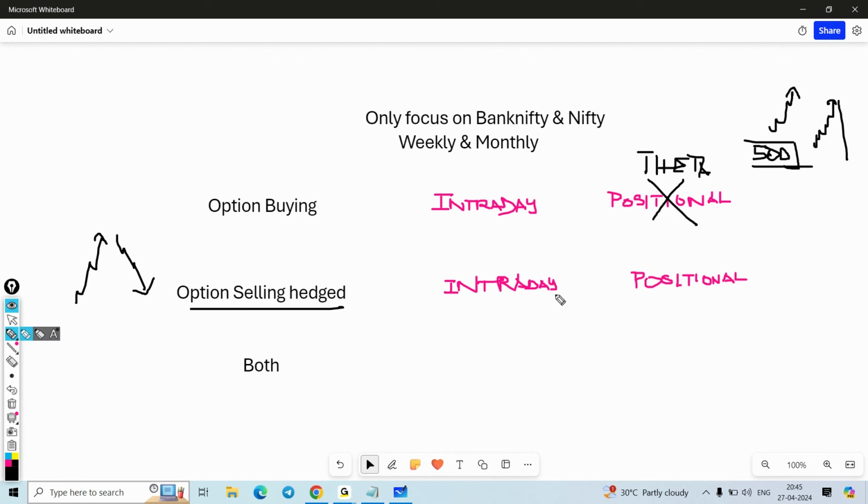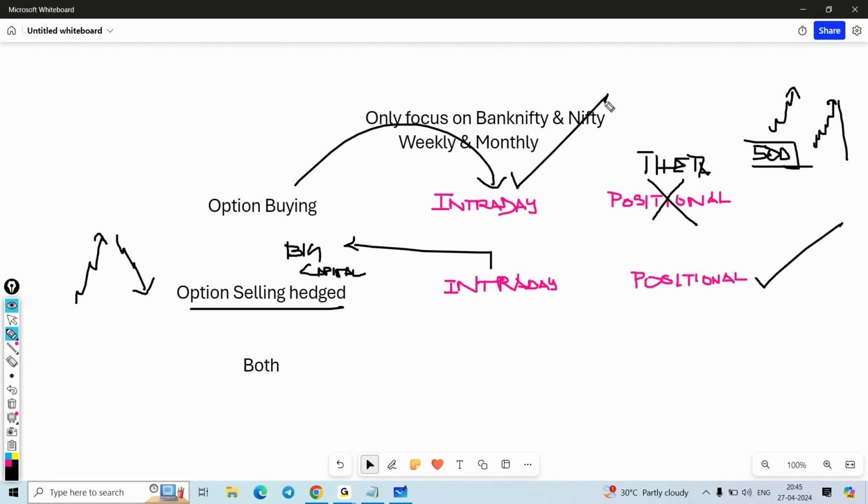Moving forward, option selling edge intraday. In intraday option selling edge, you need to have a big capital or else it's not worth it. Option selling edge is better for positional, and option buying is better for intraday. This is the pattern I follow personally.